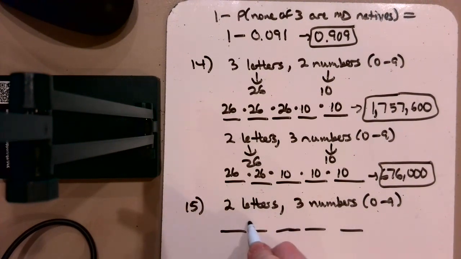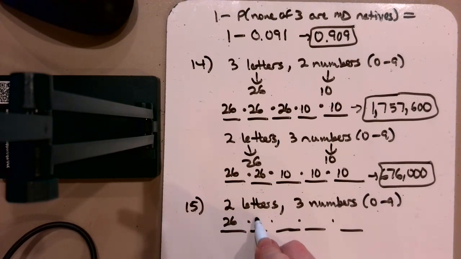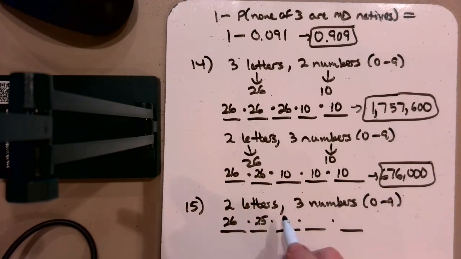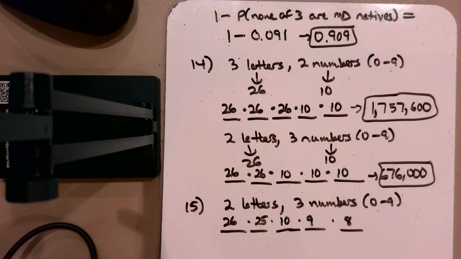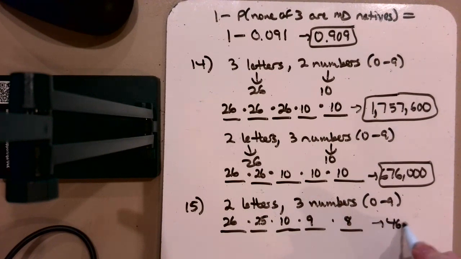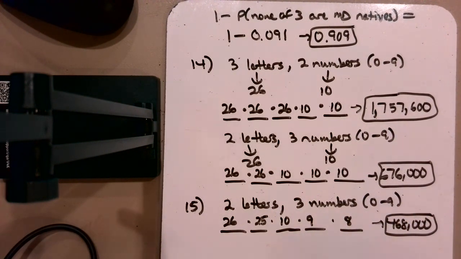So again, a 5-character password, fundamental counting rule. So 2 letters, 26, then 25 because of no repeats. Then 3 numbers, 10, then 9, then 8 because of no repeats. So 26 times 25 times 10 times 9 times 8 gives you 468,000 possible passwords if no repeats are allowed.